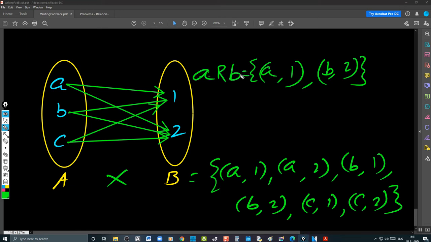So any relation is a subset of A cross B. This is what you have to understand, please. Any relation is a subset of A cross B. After that we have seen the types of relations. That also we did. Just for the sake of revision, I am doing this.